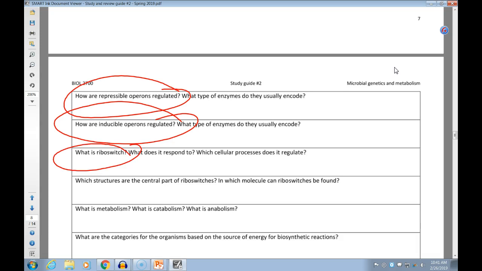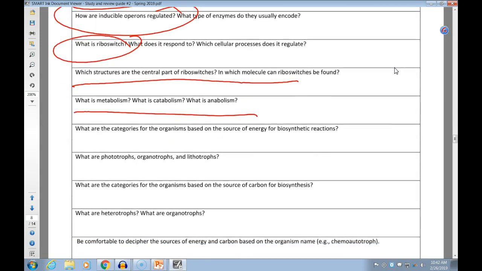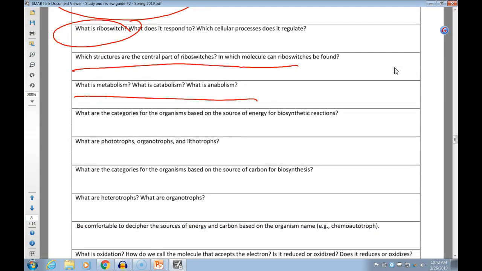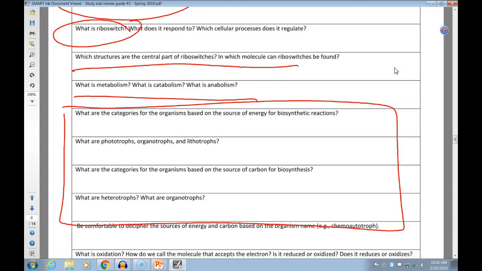A riboswitch is an RNA structure that regulates either transcription or translation. A riboswitch can be turned off by binding of a small molecule. Okay? Its central part is a hairpin loop. Now, metabolism, catabolism, anabolism: know the definitions.